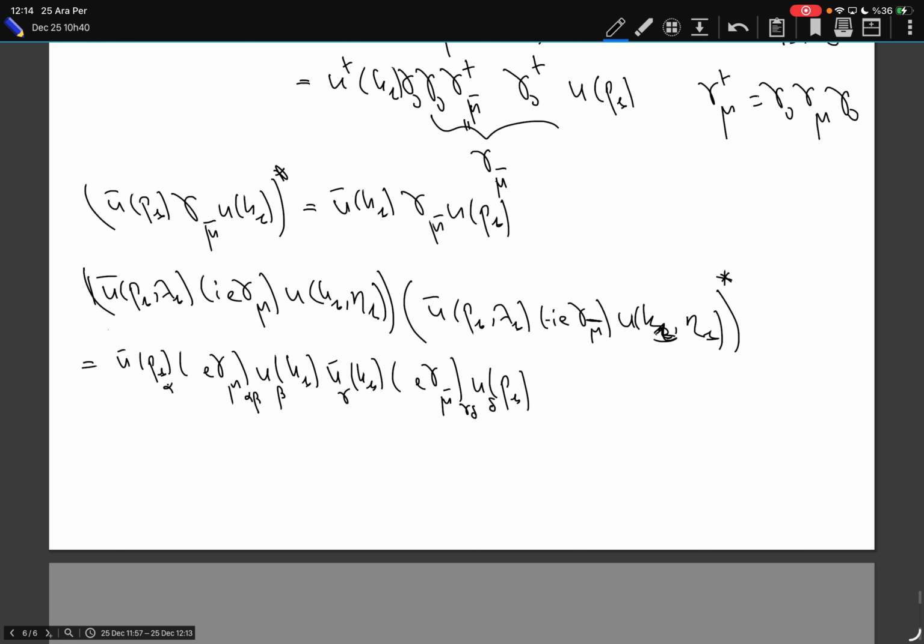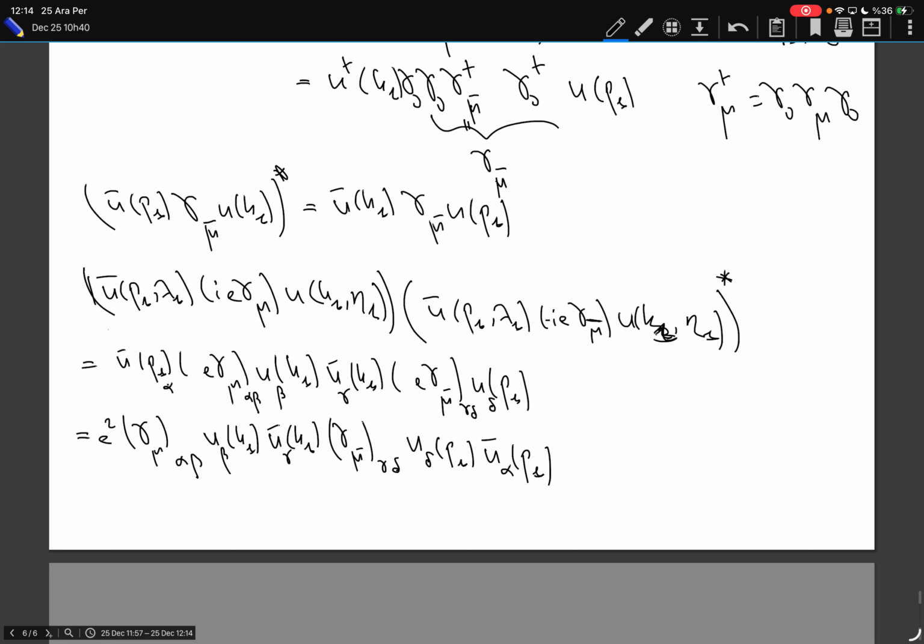Now I just wrote everything in terms of matrix components, so this became E squared, gamma mu alpha beta, u k1 beta, u bar k1 gamma, and gamma mu bar gamma delta, u delta p1, u bar alpha p1. Okay, now this looks nicer because all the spinors and their Dirac conjugates are next to each other.